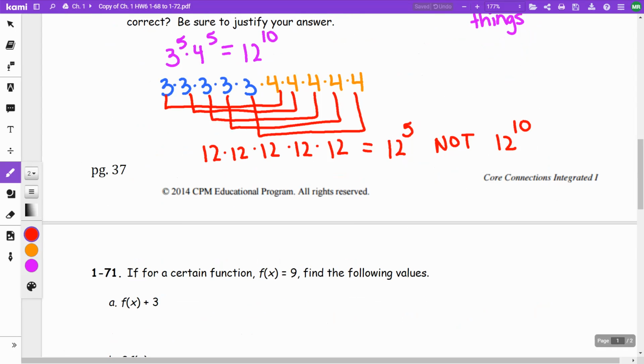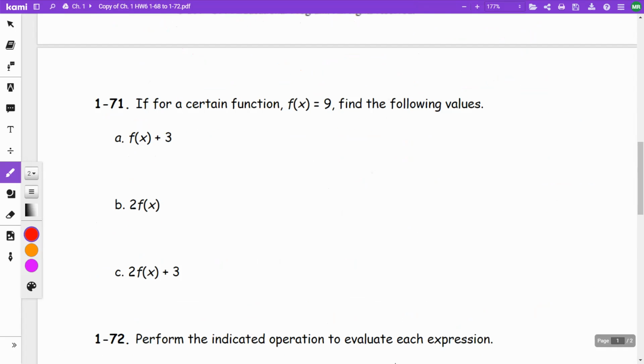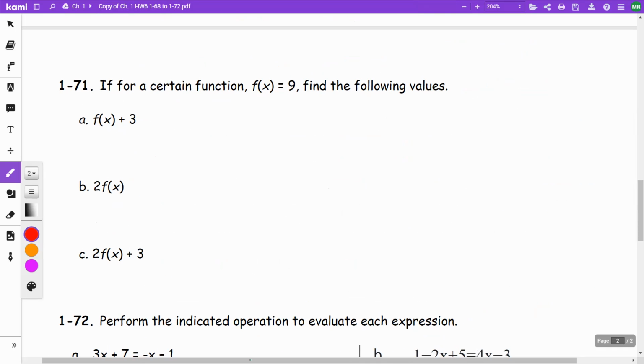On number 71. Okay, so we don't know what the function is, but we know that that function is equal to 9. And we want to figure out what is happening here.